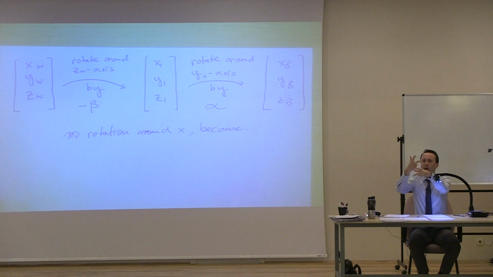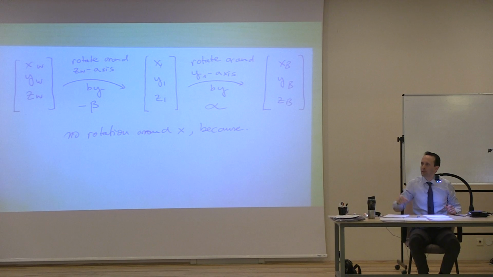First of all, can they be arbitrary? They are not arbitrary because we constrain ZW to be in the symmetry plane of the airplane. So we already constrain ZW. ZW cannot be anywhere. ZW has to be in the symmetry axis. So once you make that constraint, then you will see that 2 rotations will be enough.